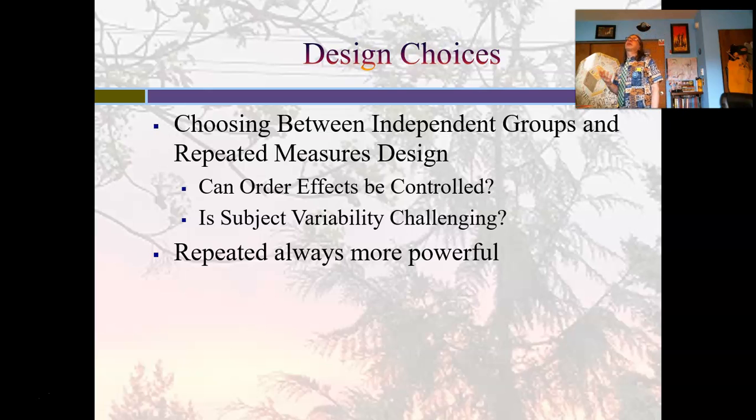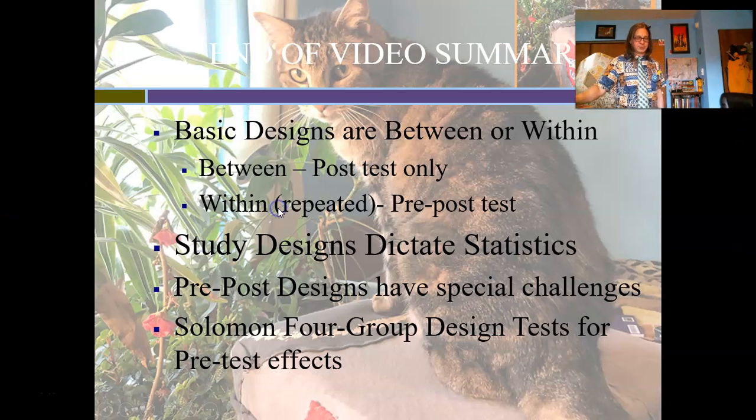Conversely, if you can't control the order effects, if there's just too much of a demand characteristic, let's say you're looking at something about prejudice or racism or sexism, chances are a repeated measures design is going to out you for the question you're asking. And it doesn't matter how you do order effects, you're still outed. And so then you'd have to do a between. Remember, repeated is always more powerful, but it doesn't mean it's always possible.